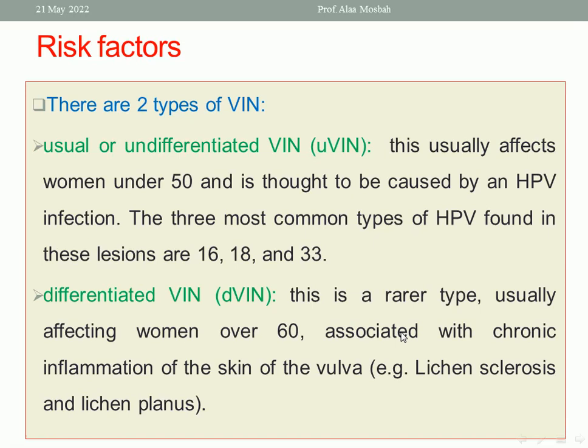What is the difference between them? The usual VIN affects women under the age of 50 and is thought to be caused by human papillomavirus infection. What are the most common subtypes of human papillomavirus? 16, 18, and 33.